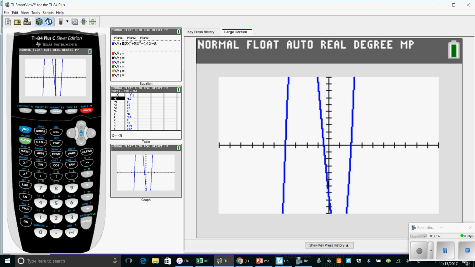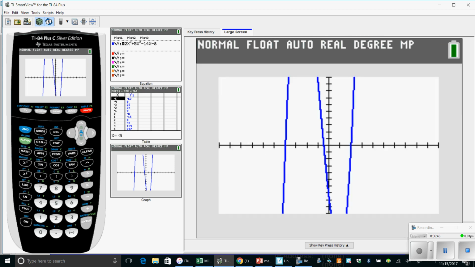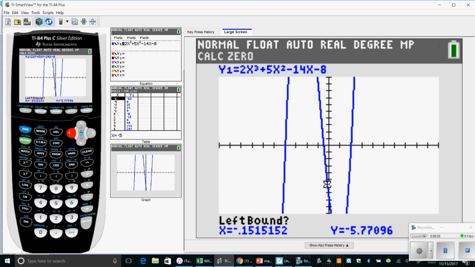Let me check on the table. -4 is a 0, +2 is a 0. The other one is, if I look at the graph, if I do second trace 2, I need a left bound for this one, so left of that 0 point, and a right bound. And I get that this is at -1/2. So -4, -1/2, and +2. So that would be C.